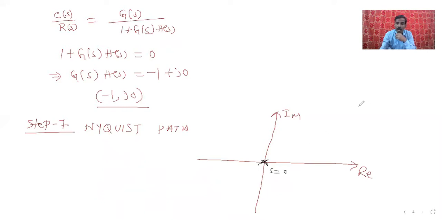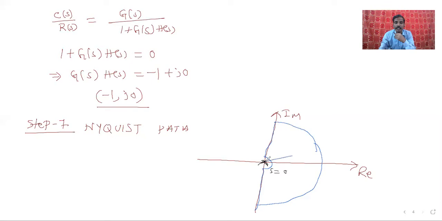Then draw a path for this pole. This is the closed contour, because if it is the left hand side, then the system will be stable. Our target is the right hand side.